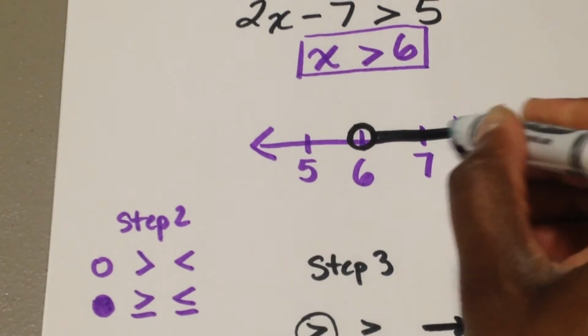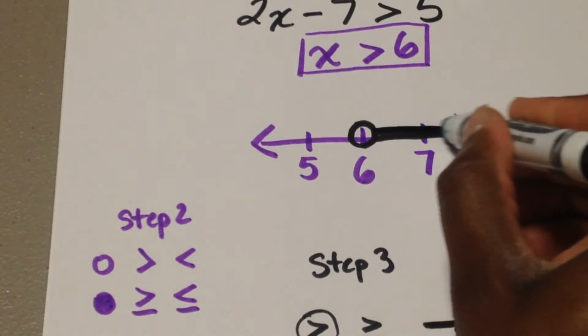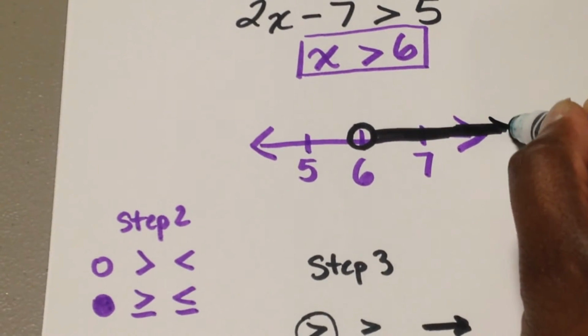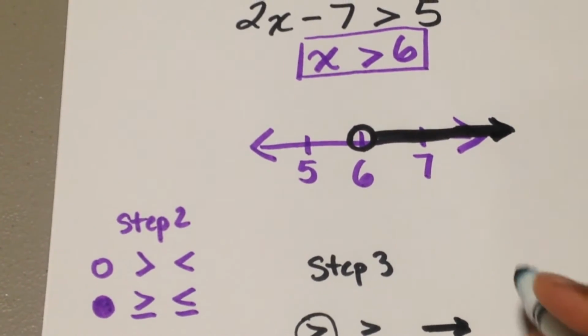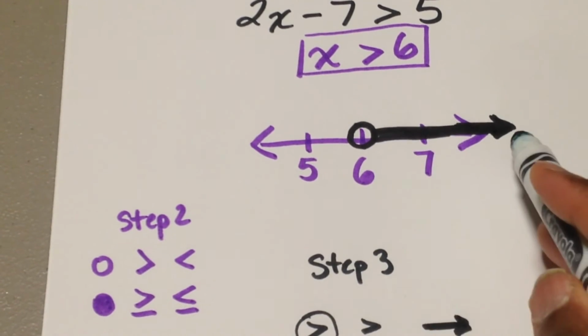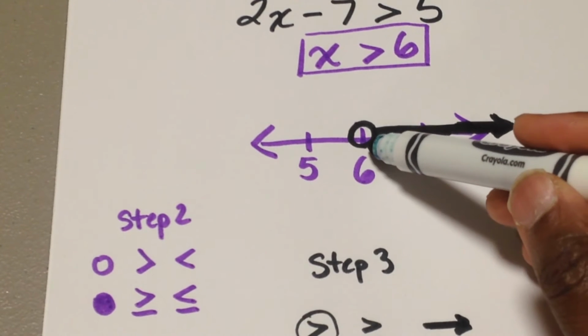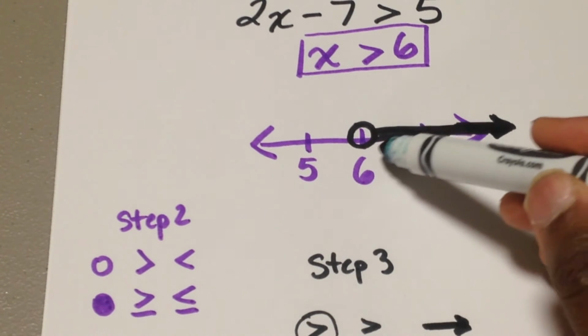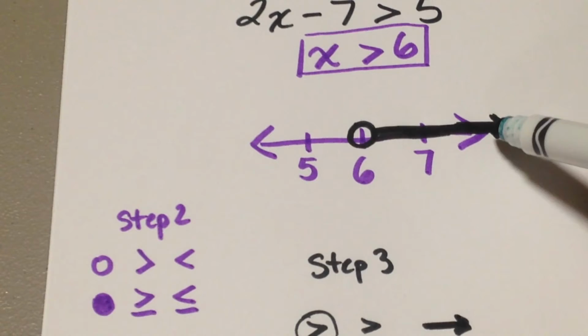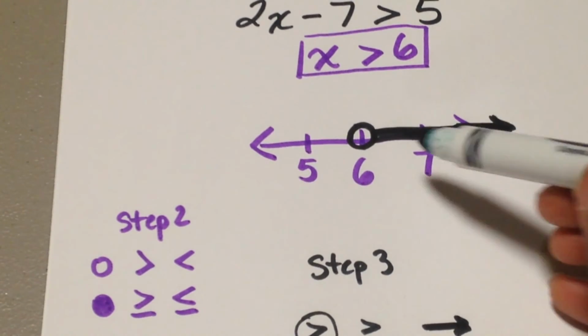My number line moves to the right, and this arrow is showing that this is going to go to the right. So the solution set is showing that the values are not 6, but anything greater than 6 in this direction. So 7, 8, 9, 10, and so forth.